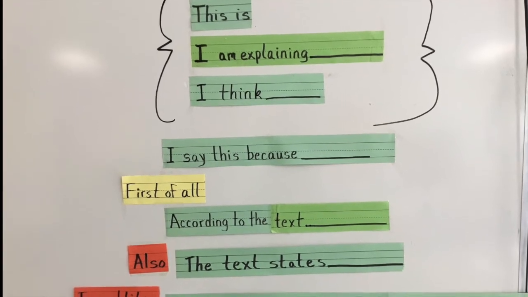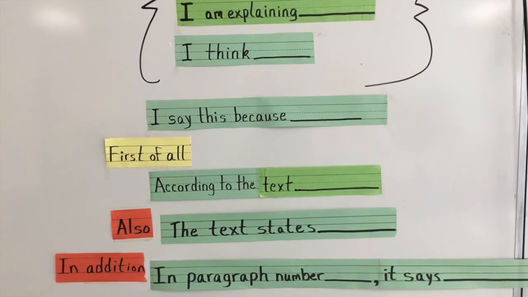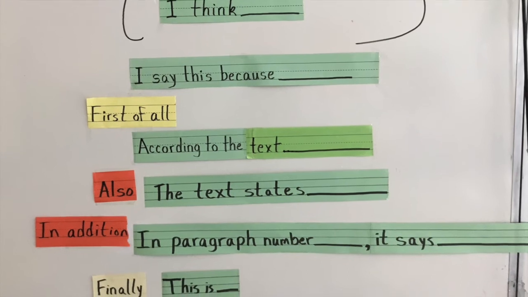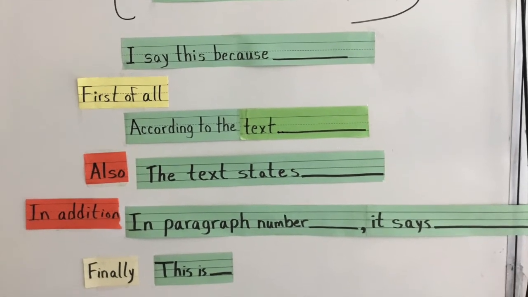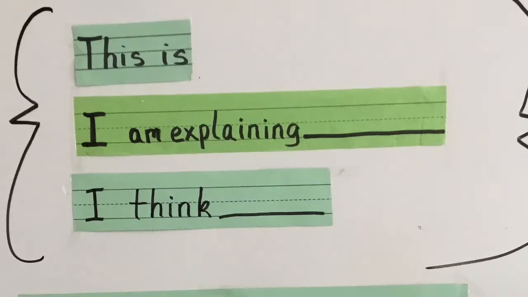To help you talk about what you're going to be explaining and to help you tell your answer, we're going to use something called sentence frames or sentence stems. The first sentence frame is going to help you to say your topic sentence.